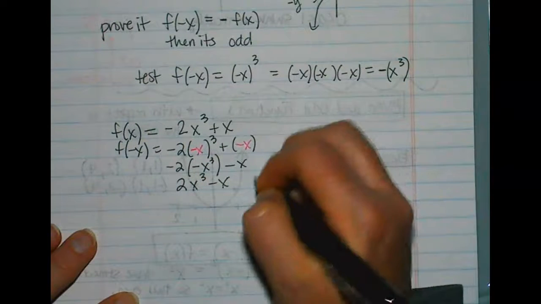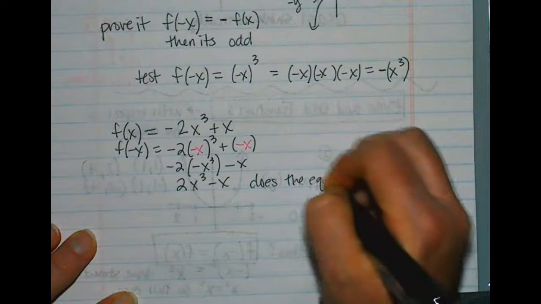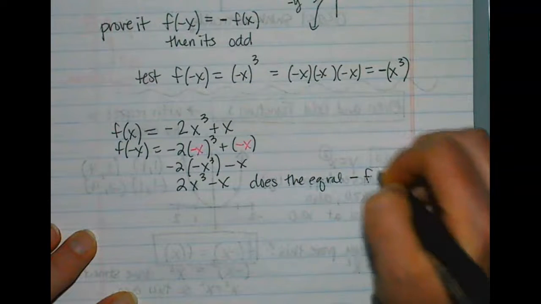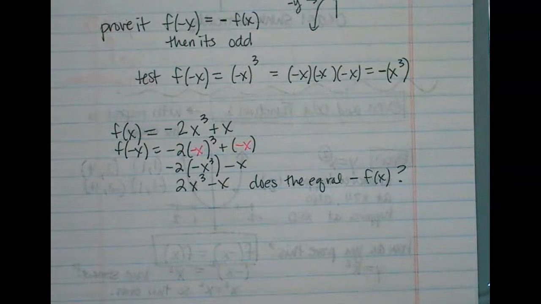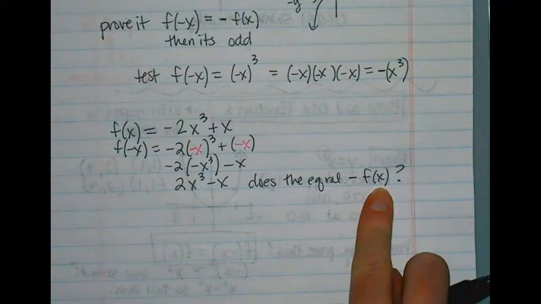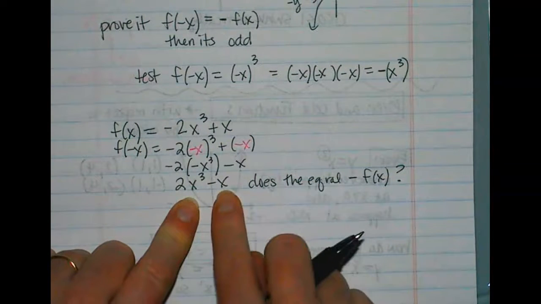So here's the question. Does this equal negative f of x? You want it to look just like negative f of x to be able to tell. Right now, f of x says negative 2x cubed plus x. This doesn't look like that.